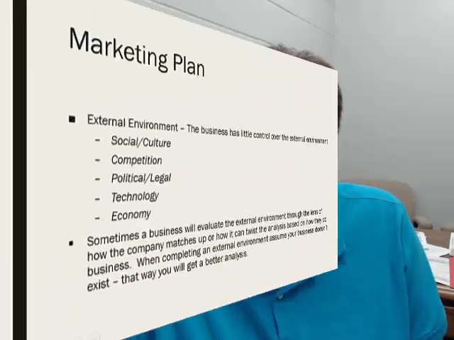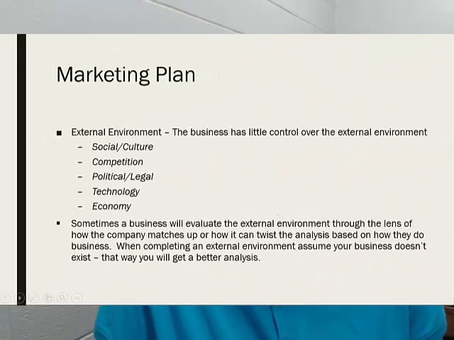When we talk about the external environment, the areas that the business has very little control over, we're going to look at 5 of the most common that we review: social culture, competition, political legal, technology, and economy. Keep in mind that whenever we are doing an external evaluation, there's a tendency for businesses sometimes to only look at it through their organization.